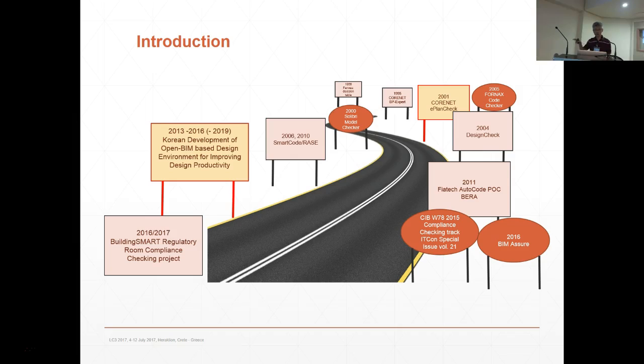We had a special track for code compliance checking in the CIB W78 conference two years ago in Eindhoven. End of last year, the buildingSMART Regulatory Room had a small project trying to identify potential commercial applications for building code checking systems.